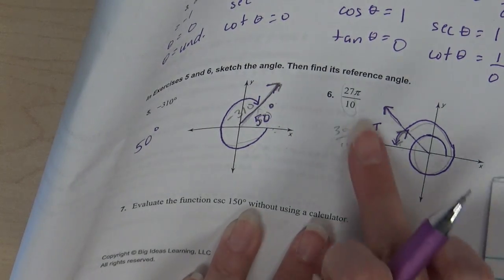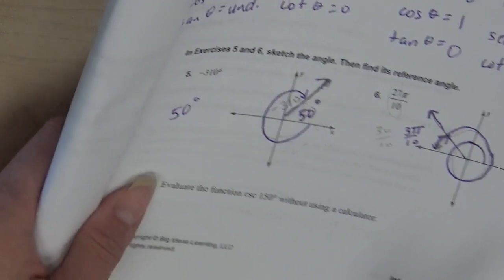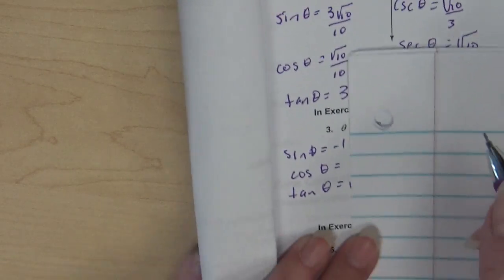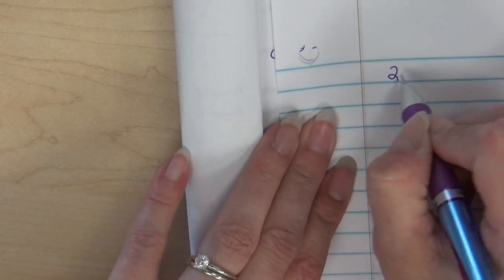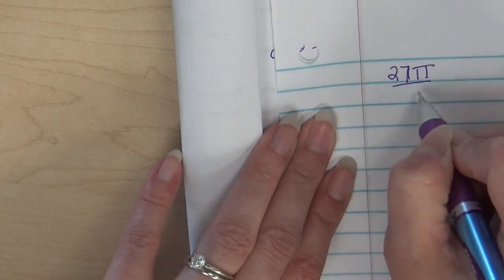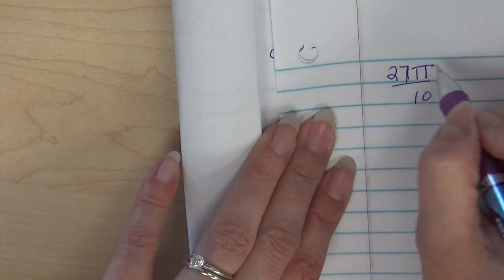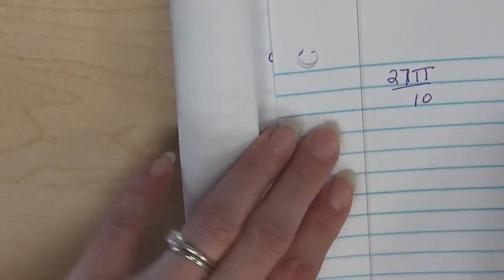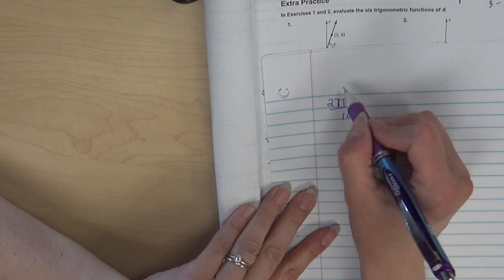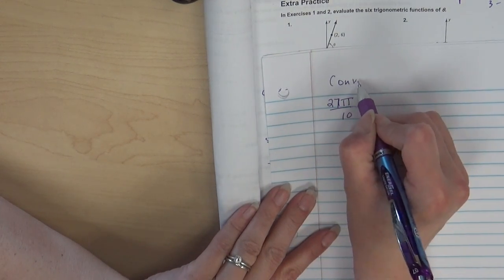Some people, if you're not comfortable working with numbers like that, if I wanted to convert 27 pi over 10 to degrees, I could first convert to degrees.